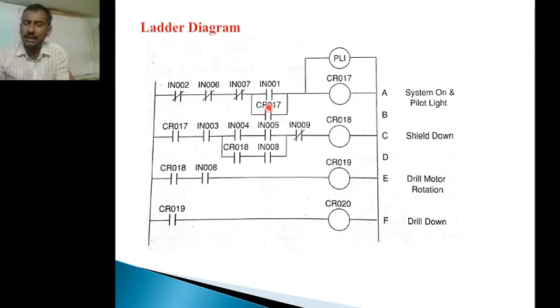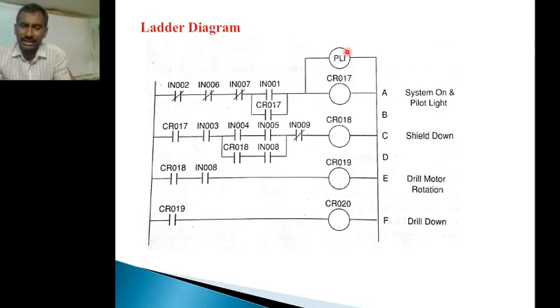These two contacts are normally open contacts, so they become closed contacts when they are on. And when CR017 is on, the pilot light indicator is also on. One pilot light will be on for indicating purposes, for the indication that the system has started.